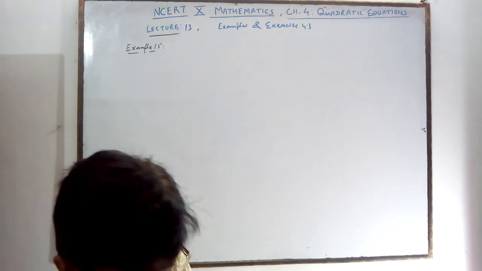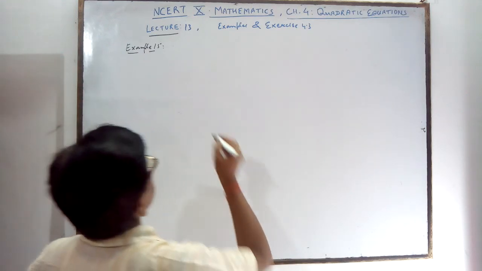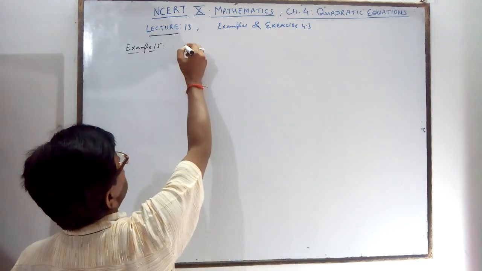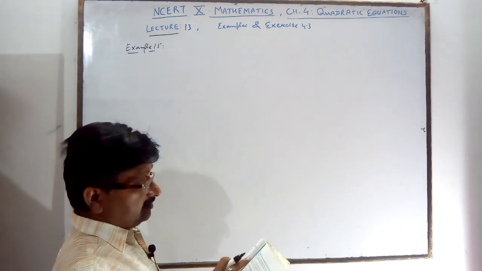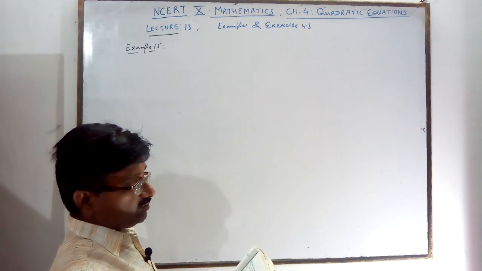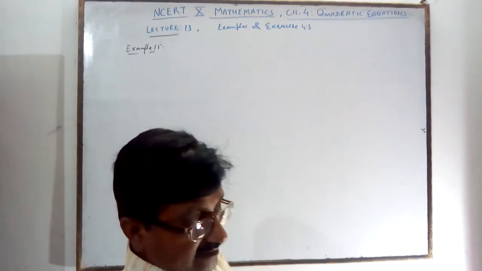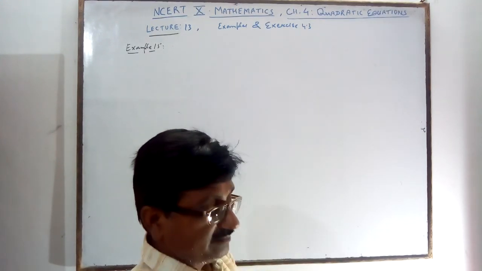It is a motor boat question. A motor boat whose speed is 18 km per hour in still water takes 1 hour more to go 24 km upstream than to return downstream to the same spot. Find the speed of the stream.